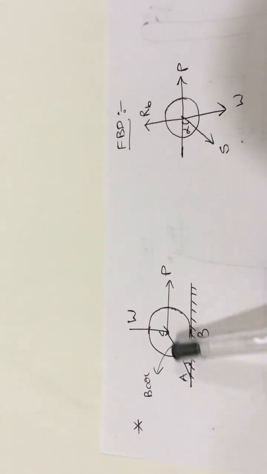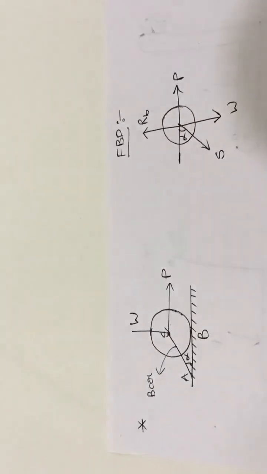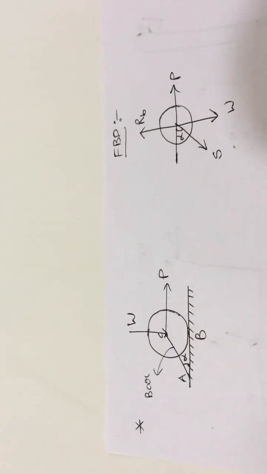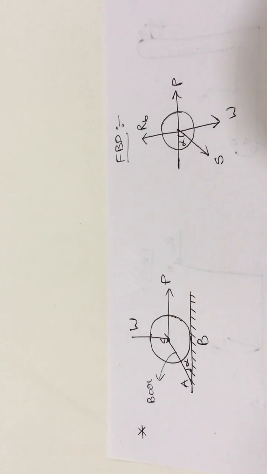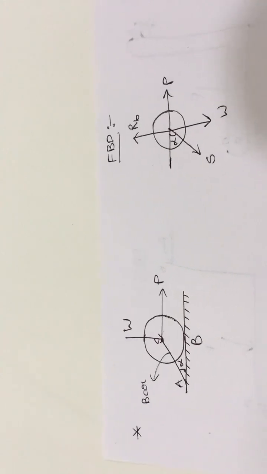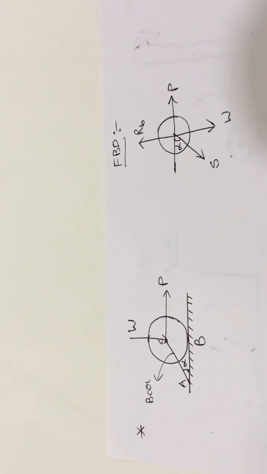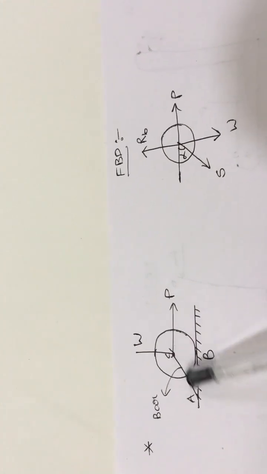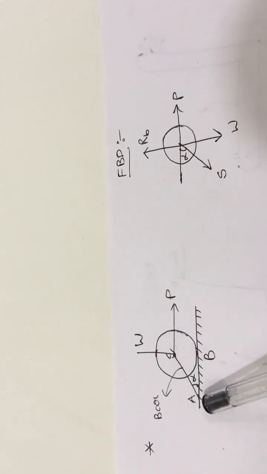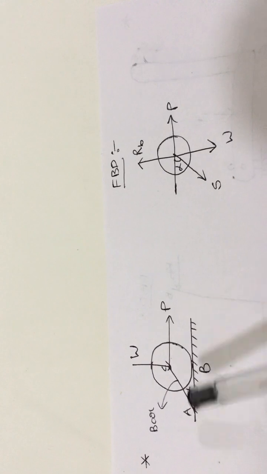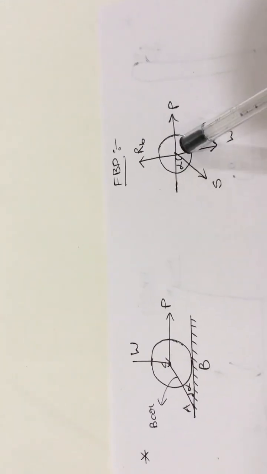Next one. Here AC is nothing but a bar. And we know that wherever you get a bar or a string or rope type of support, you will get a tensional force, which will act away from the body. So here AC is a bar and it is in the third quadrant, and you will get a tensional force which acts away from this ball.